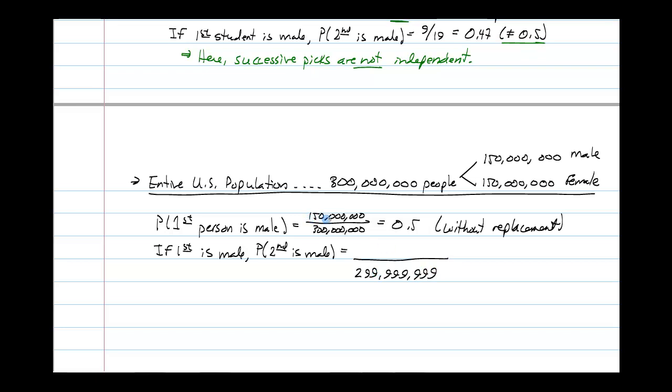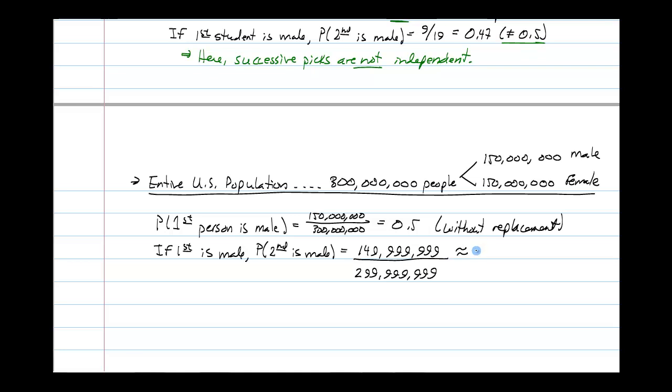Now, there's no longer 150 million males. There's 149,999,999. Now let's go ahead and look at the approximate probability of that when we divide it out.